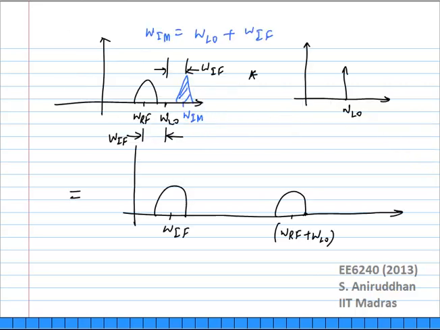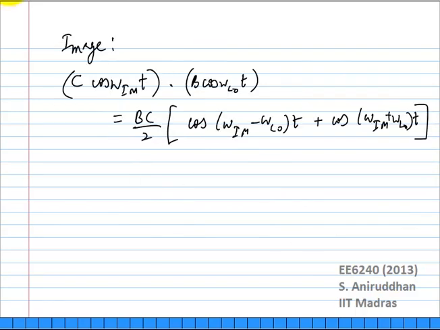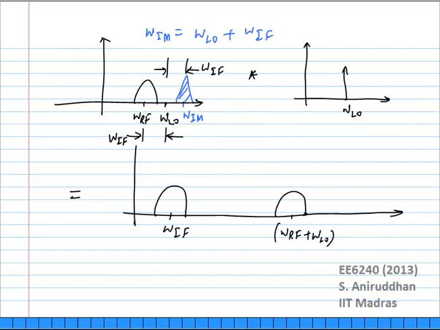So what that means is this is the same as omega IF, right? So what that means is I'm going to get the image signal right on top of your desired signal, right?